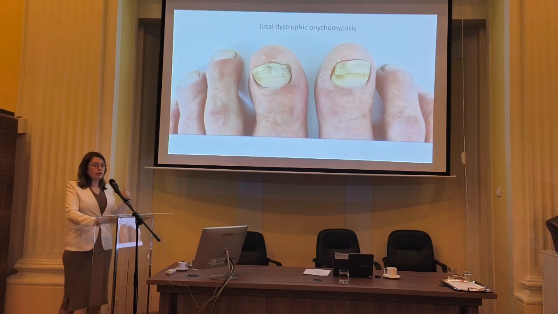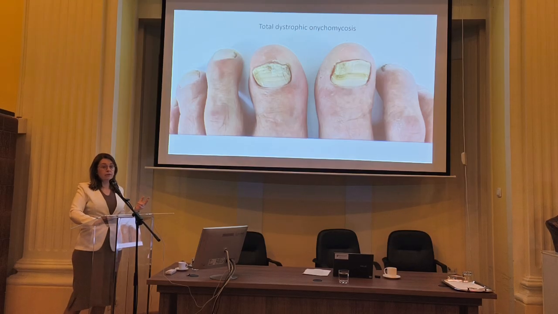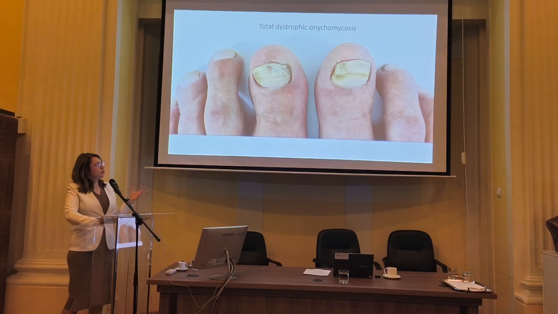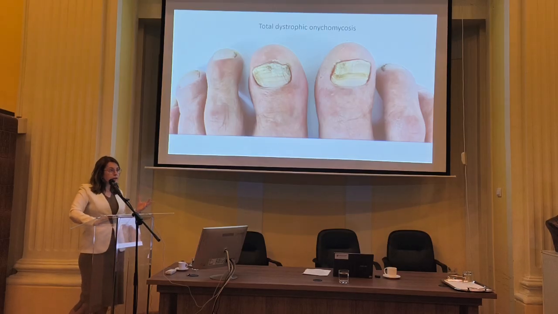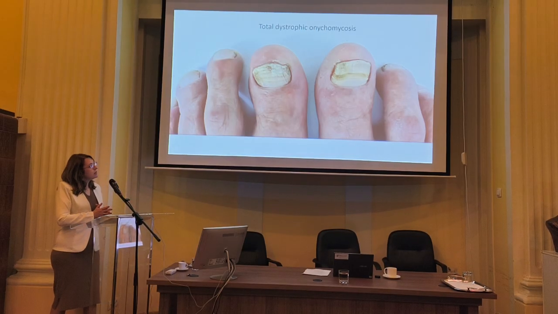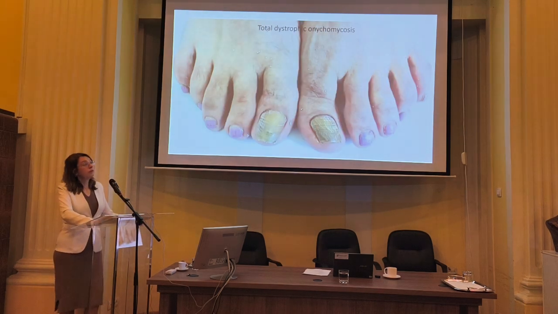If we have a patient who is old, with a lot of comorbidities and a lot of medications in everyday therapy, it is impossible to treat. And what is good to do in clinical practice is to give some kind of topical antifungal medications in order to keep the infection from going further and not to destroy the nail plate and the surrounding skin with inflammation.